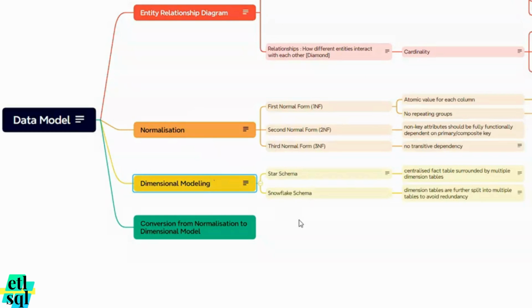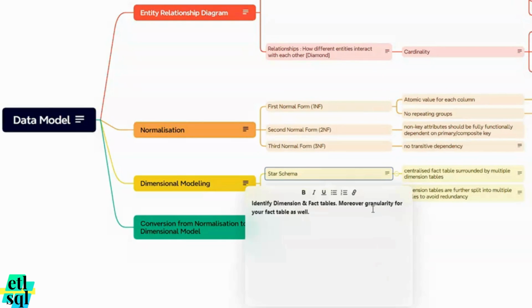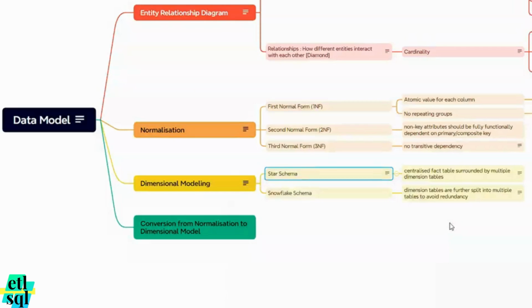Now in dimensional modeling, there are two very famous schemas: Star Schema and Snowflake Schema. In Star Schema, we identify the dimension and fact tables. There is a centralized fact table surrounded by multiple dimension tables. And the granularity of your fact table should be clearly identified before designing your Star Schema.